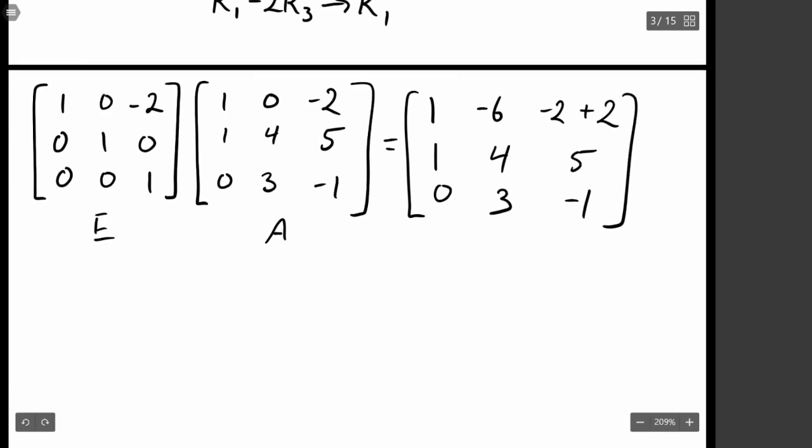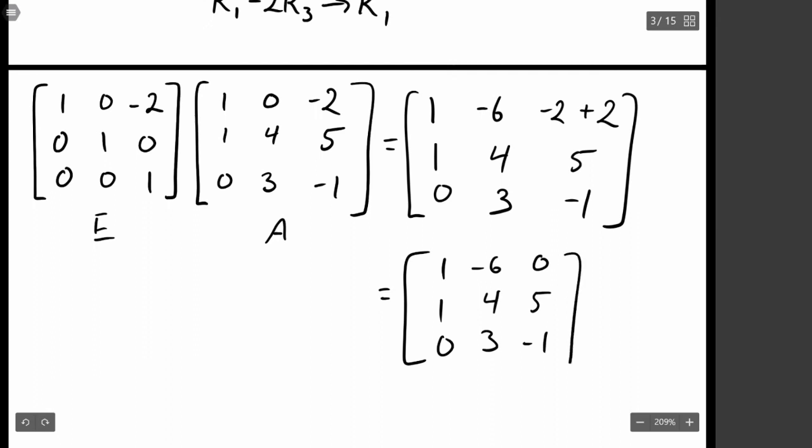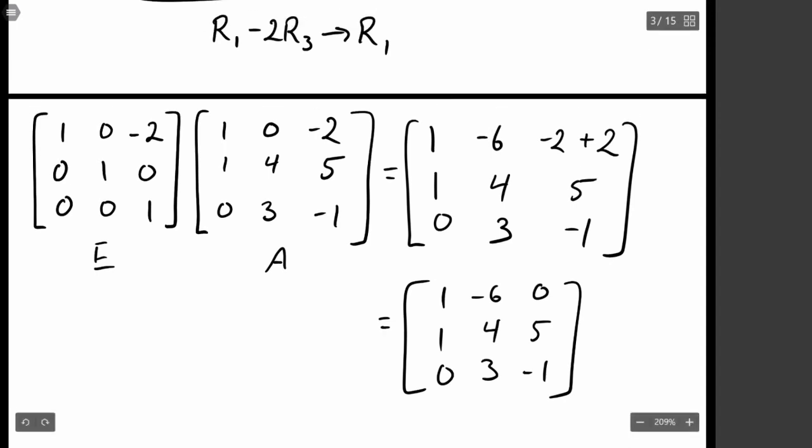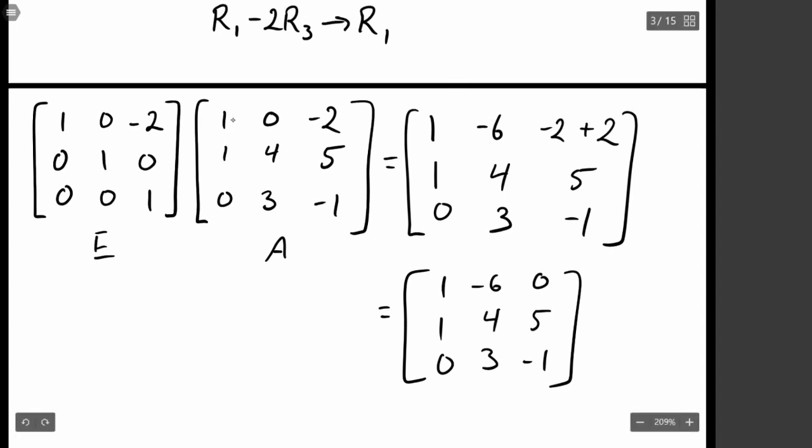And if we simplify this, we get 1, 1, 0, minus 6, 4, 3, 0, 5, minus 1. And if we look at what we're supposed to get if we do this row operation on A itself, it would be 1 minus 2 times 0, so we get a 1.